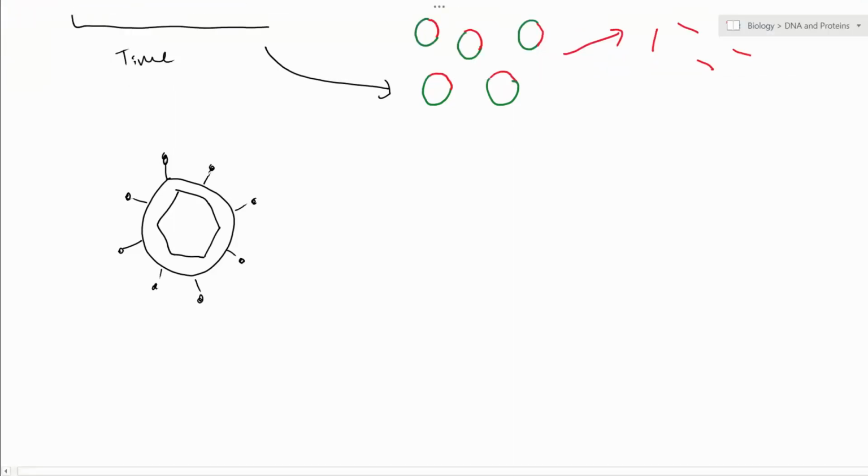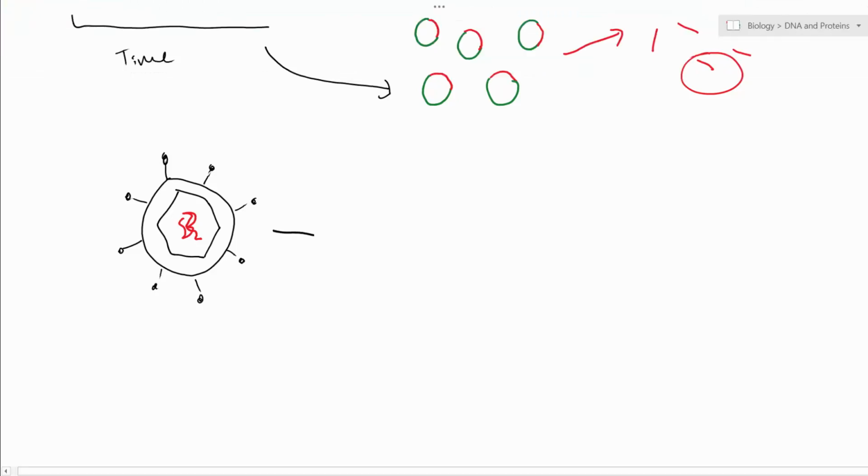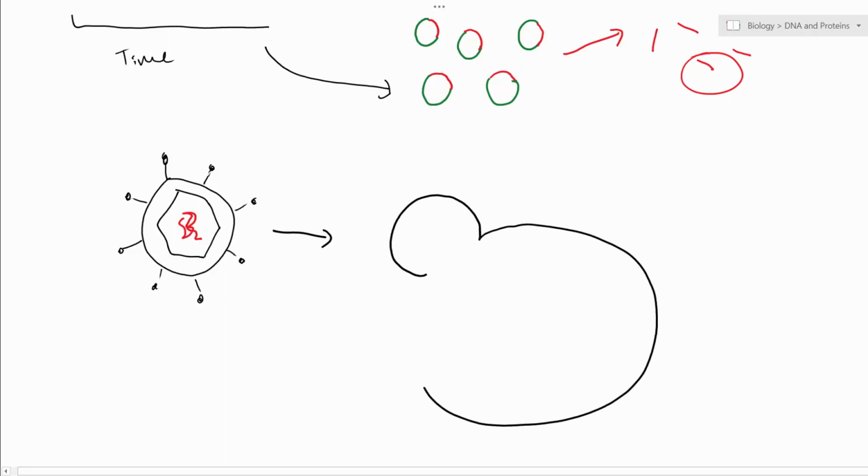So I'll stick with red. So let's say we've put a bit of that genetic material, so one of these segments of the gene, into a virus, and then we're going to allow that virus, or introduce that virus to an organism where it's going to move into and ideally join to and infect a host cell.